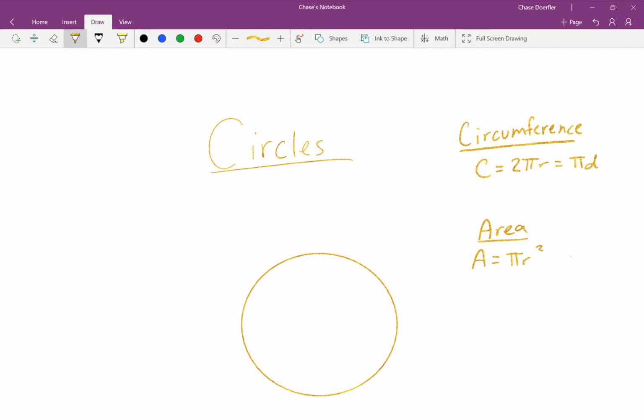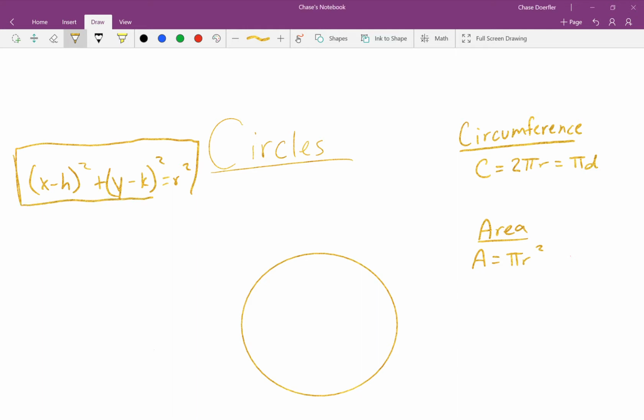And before going on to the measure of the arc length, I'd like to go over the standard form of the equation of a circle, and that will be (x minus h) squared plus (y minus k) squared is equal to r squared.